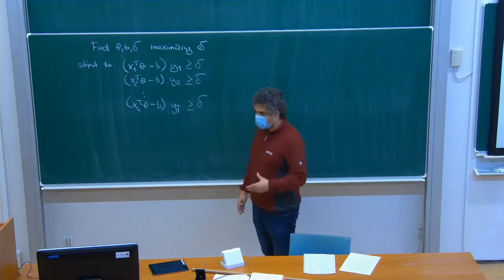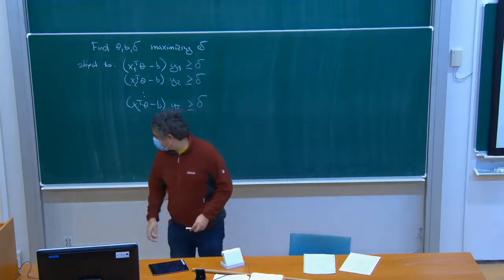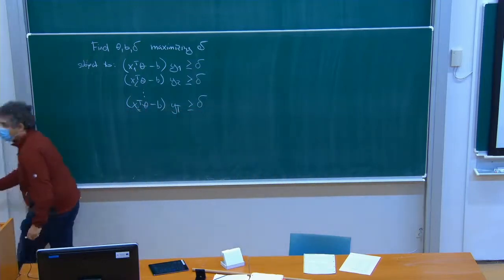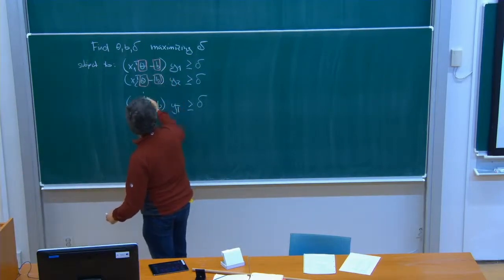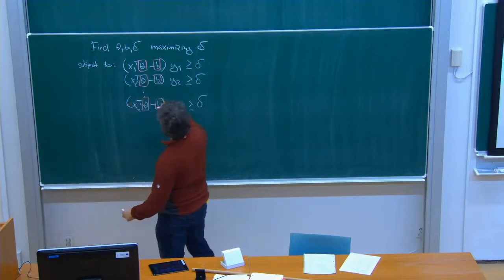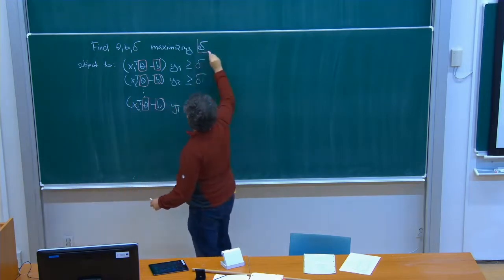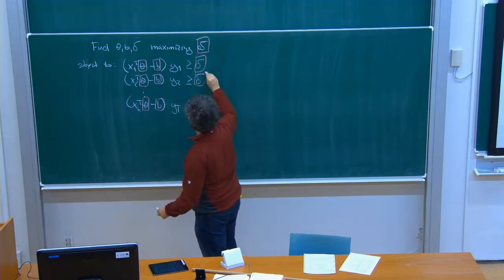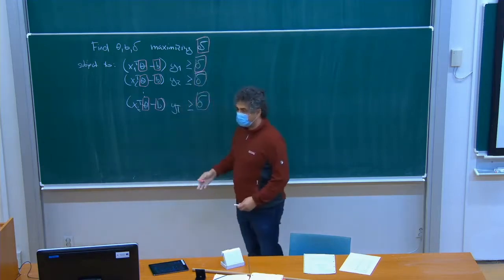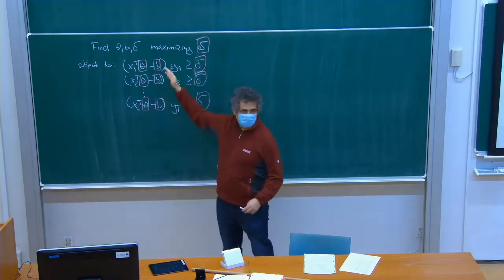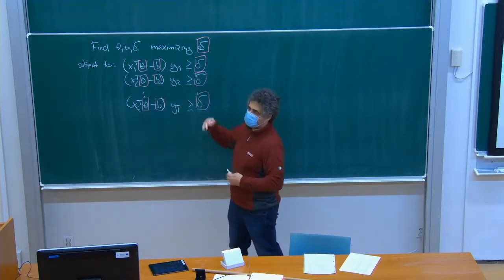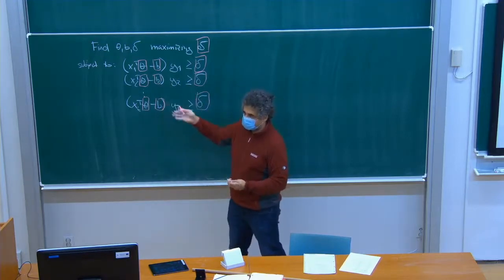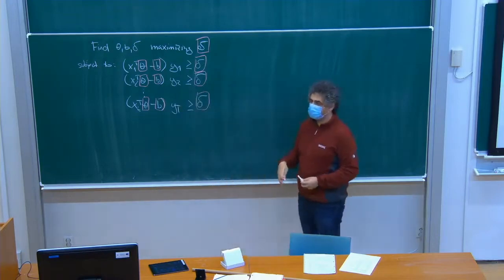Because it has to be linear in the variables that we have. So let's look at what variables we have. We have thetas and b's, and delta is a variable as well, and nothing else. All of these are constants.